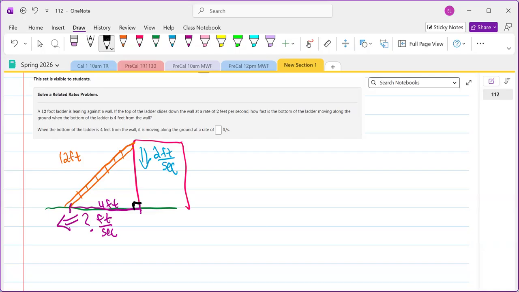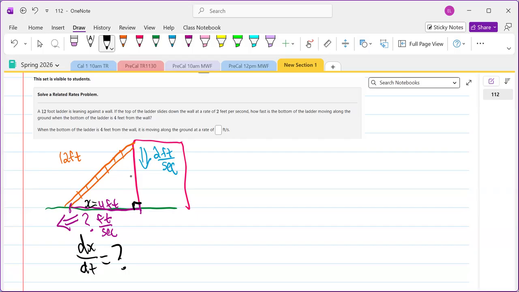So I need to label these sides something. I'm going to go with X, Y, and Z because why not? I'm going to call the horizontal side X. X is 4 feet, and this question mark rate is dx dt, the thing we're trying to solve for.